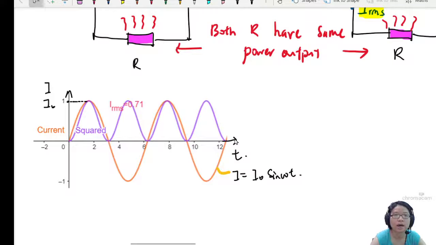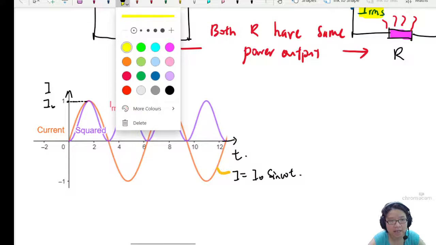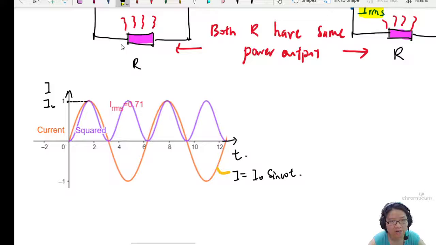Why 0? You see, the area under this orange graph, so this area under this orange graph, and this area under this orange graph, one is positive, one is negative. So if you go and find the average of current, it means that the average is 0.